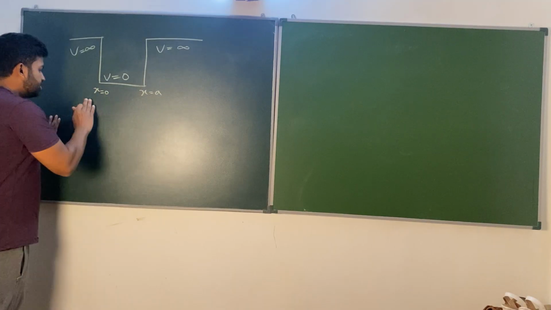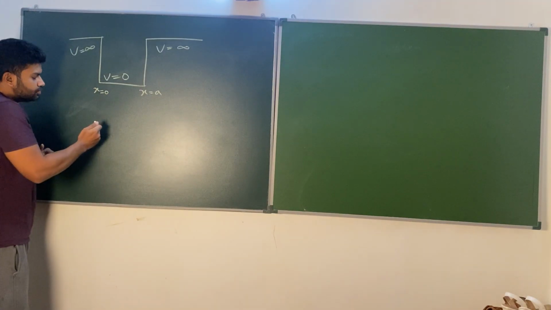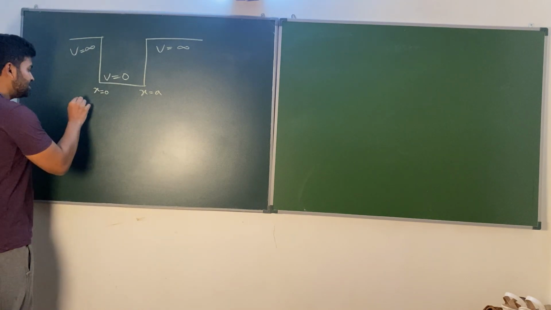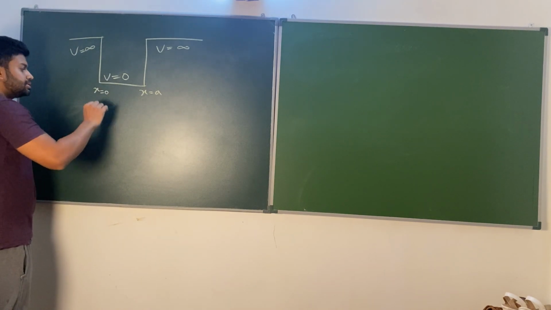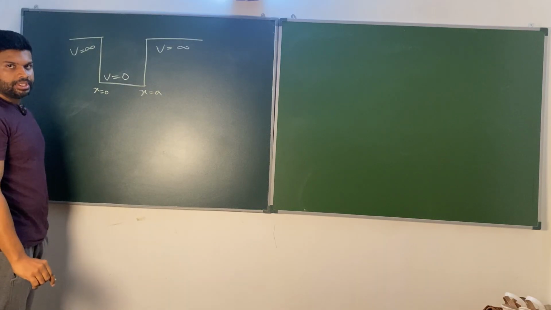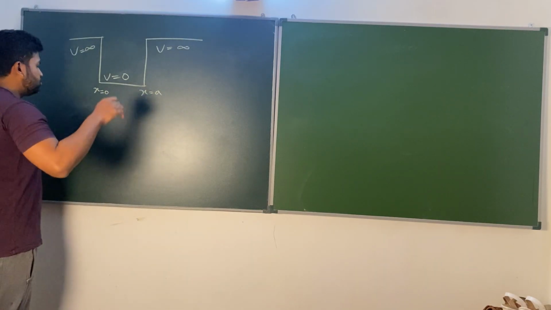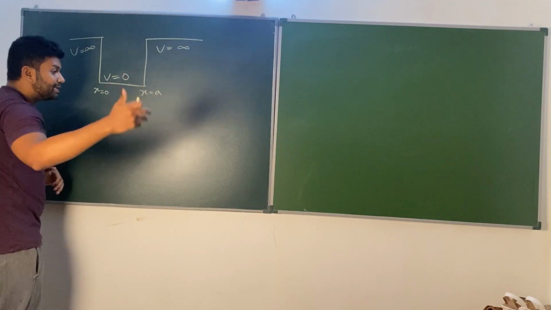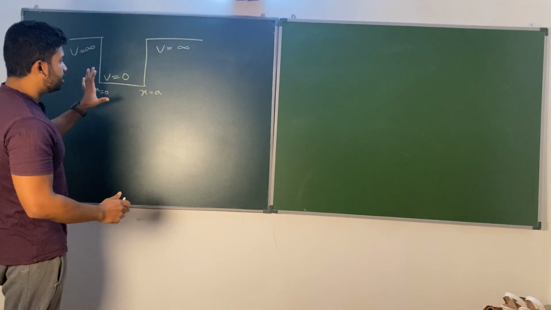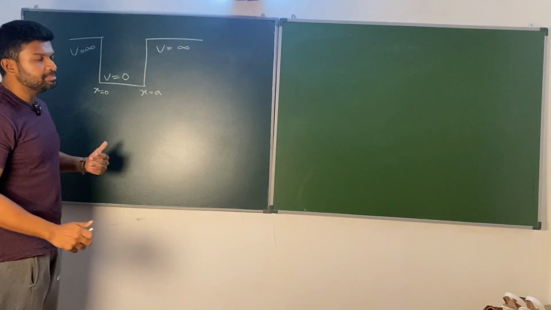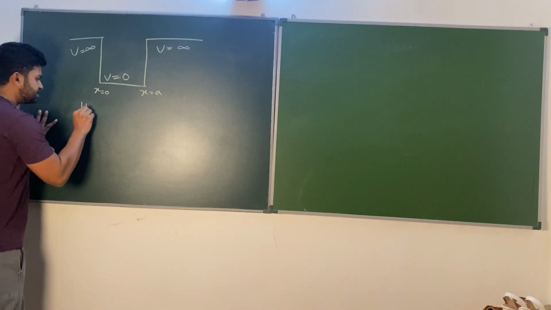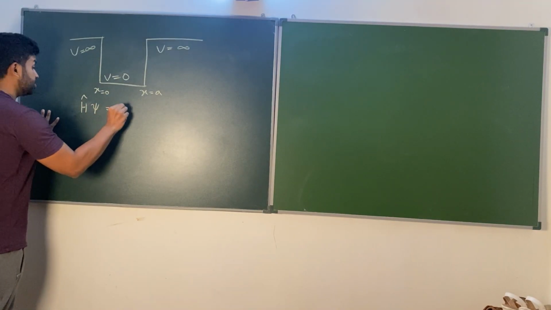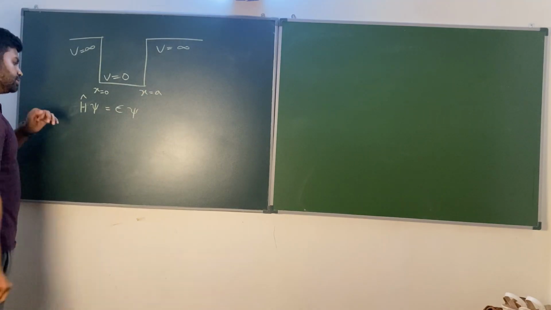And I even told you that you can straight away use the time independent Schrödinger equation. As the potential doesn't depend on time, you can straight away use the time independent Schrödinger equation, Hφ = Eφ, right?